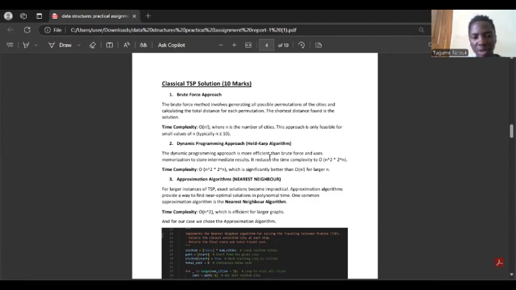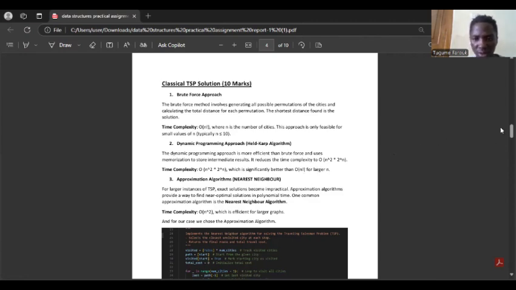It reduces the time complexity to O(n² × 2ⁿ), which is significantly better than O(n!) for larger n.